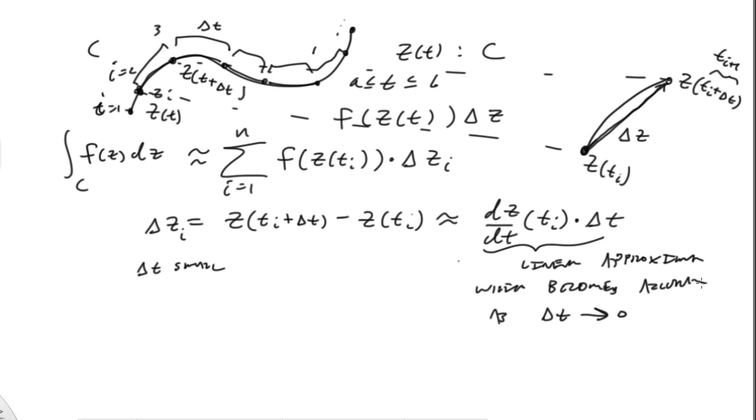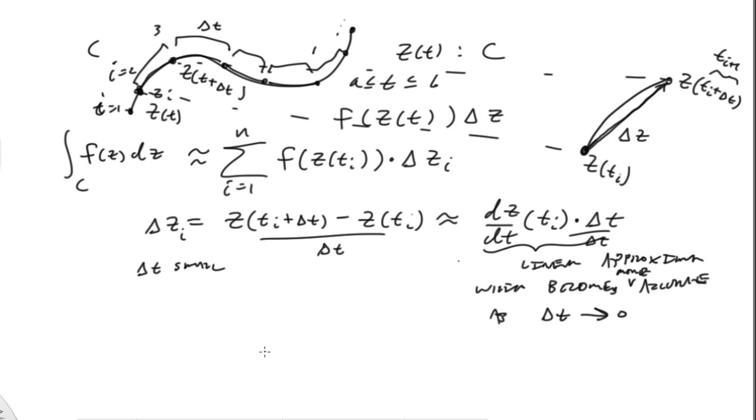I shouldn't say it becomes accurate. It becomes more accurate as delta t goes to 0. And in fact, eventually, of course, if I divide this through here, this becomes a perfect expression, as long as our curve is differentiable.